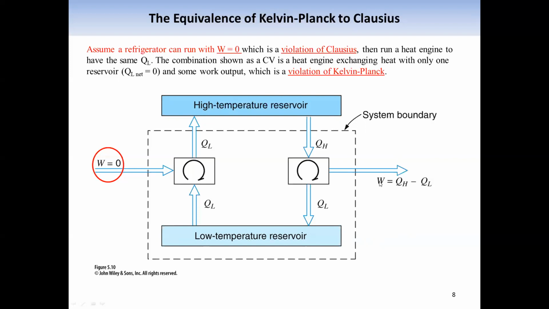That means we can bring heat from a low temperature reservoir to a high temperature reservoir. These two Q terms are equivalent. It's impossible, so this statement violates the Kelvin-Planck statement. Therefore, the Clausius statement and the Kelvin-Planck statement are essentially equivalent.